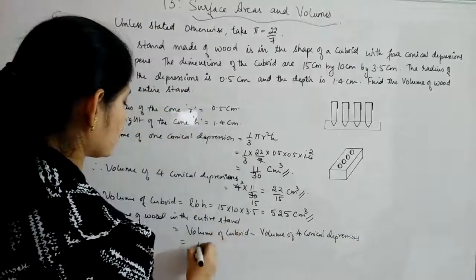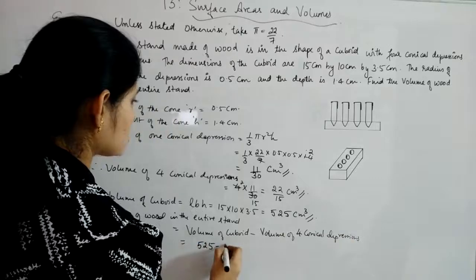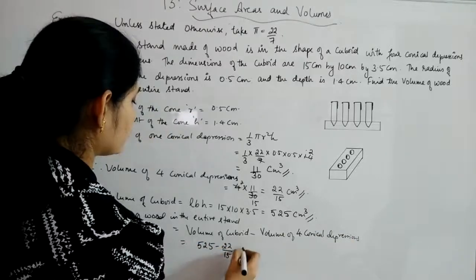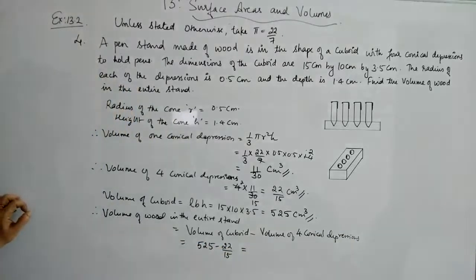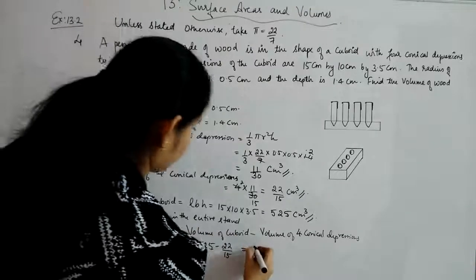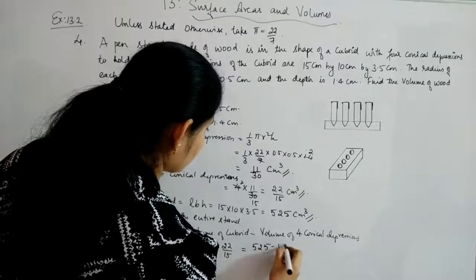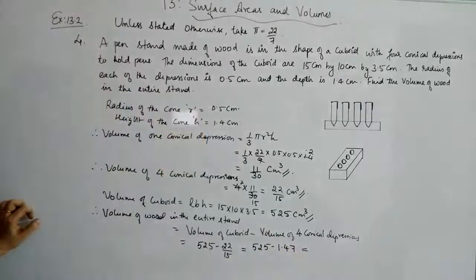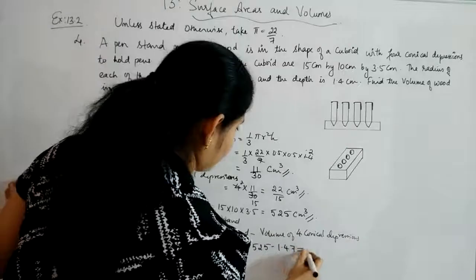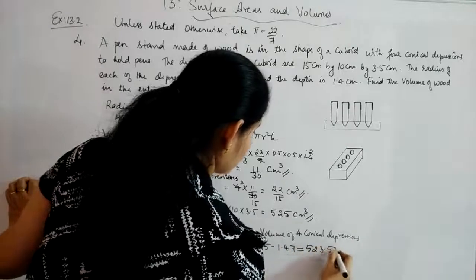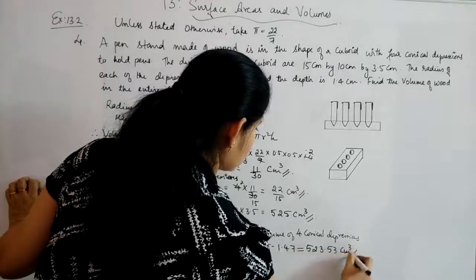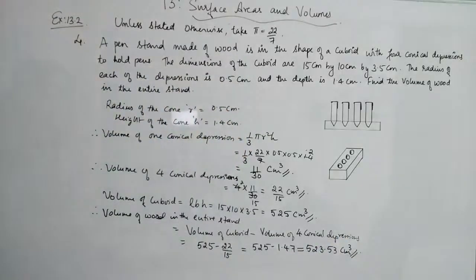The volume of cuboid is 525 minus 22 by 15, which is 525 minus 1.47, and this subtraction will give you 523.53 centimeters cube. So this is the total volume of wood used to make the stand.